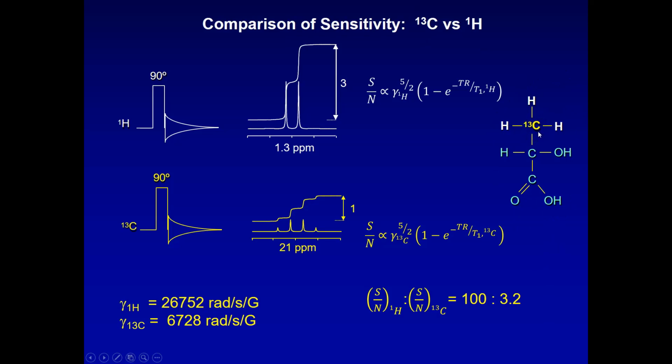It's in a methyl group, and it has 3 protons on it. If you were to take a spectrum of that at high field strength, you'd see 2 peaks centered around 1.3 parts per million in the proton spectrum. If there were no carbon-13, you would have just 1 peak in the middle.